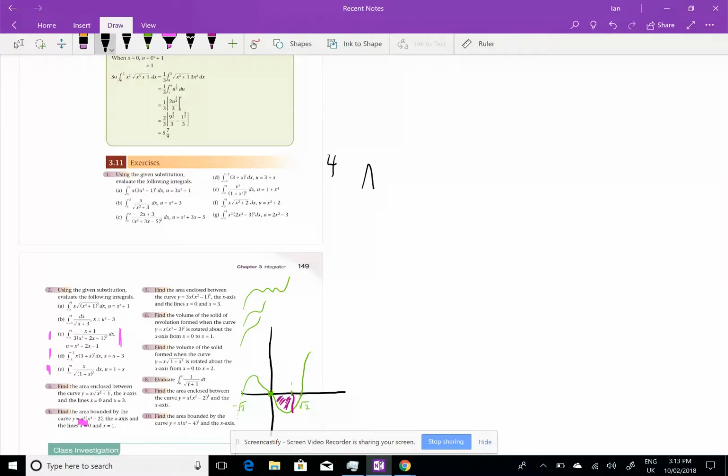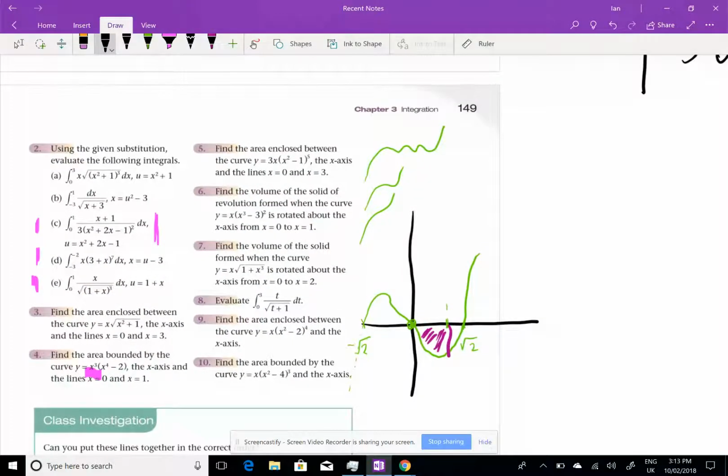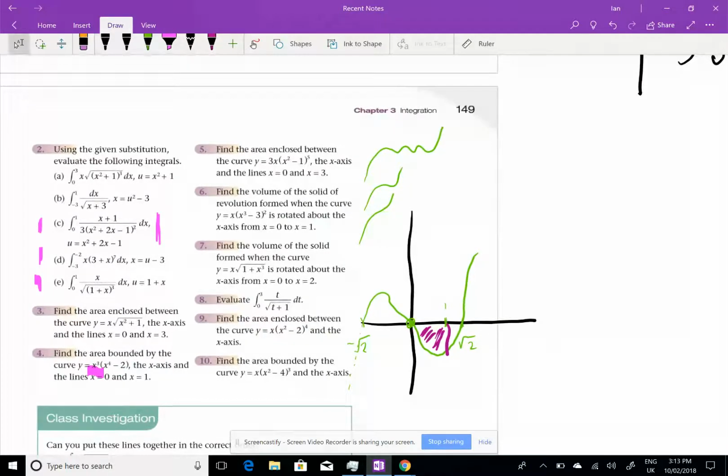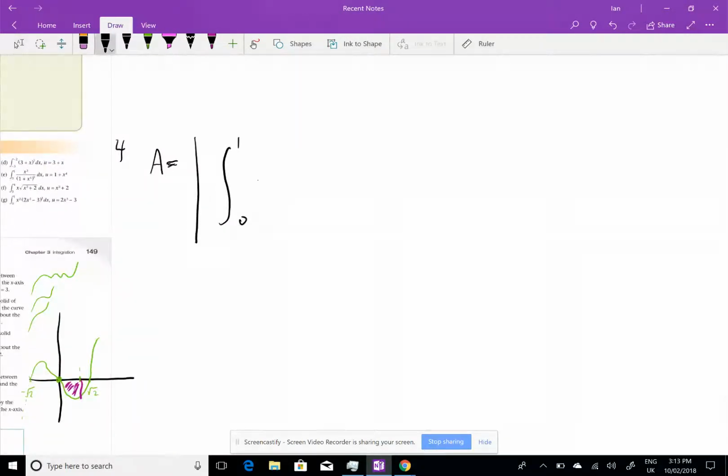The area equals, well, we'll take the absolute value, because you know it's negative, between 1 and 0. And what's our equation? x cubed, x to the 4 minus 2, x cubed, x to the 4 minus 2 dx.